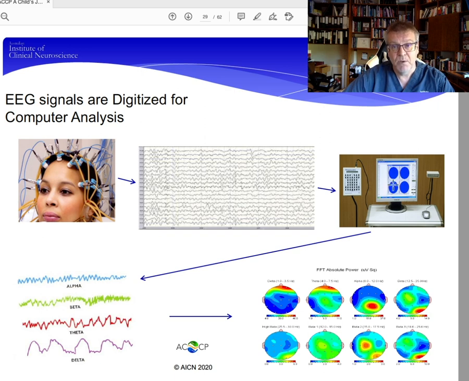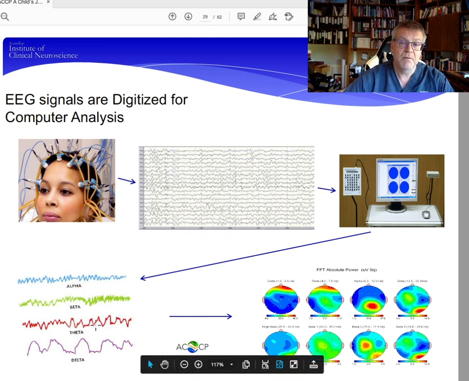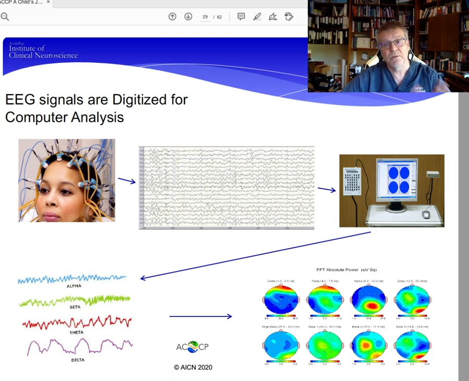Then it goes through the computer where we perform the fast Fourier transform, and we get the individual frequencies out of it, and from the individual frequencies we can produce a topographic head map, which helps us see in a two-dimensional way what's functioning inside the brain and which frequency levels are more within the normal range than others.